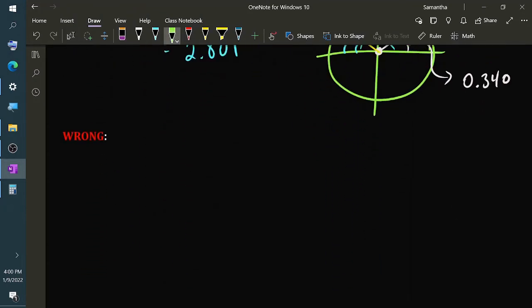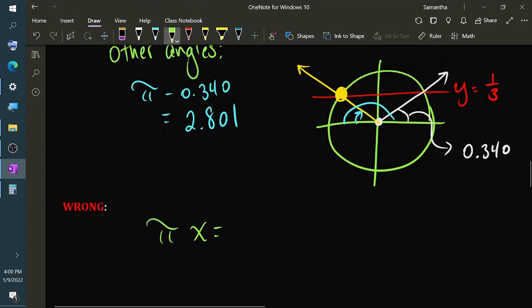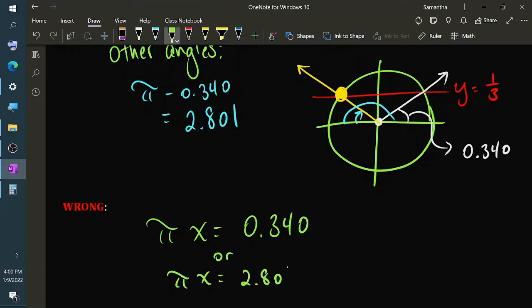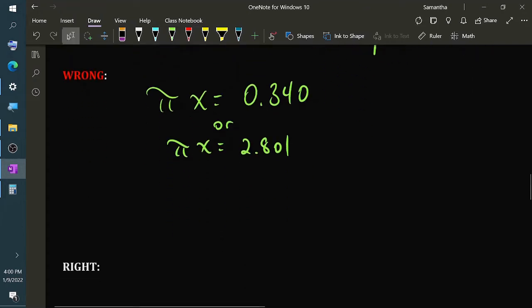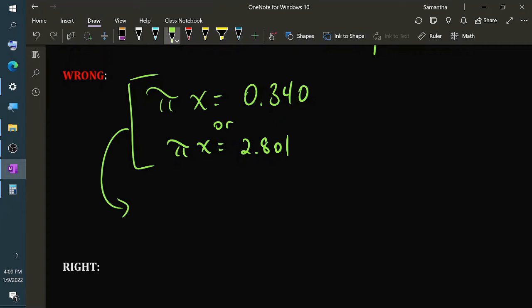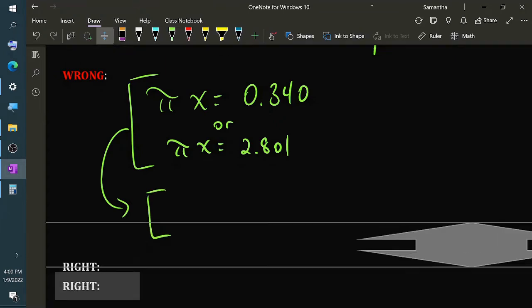What you don't want to do is say pi times x, therefore, must be equal to either the angle 0.340 or the angle 2.801.